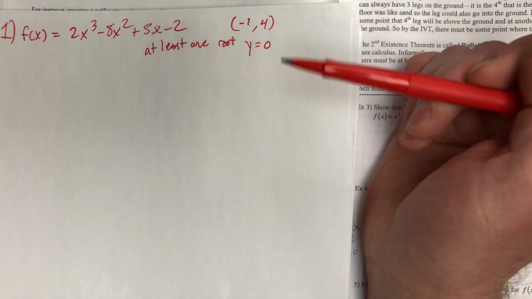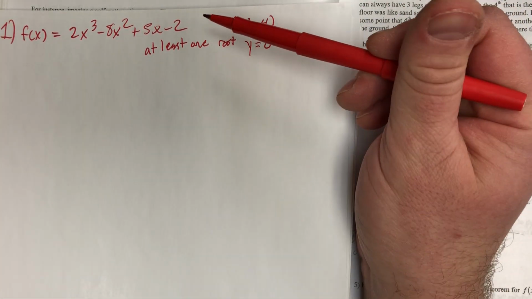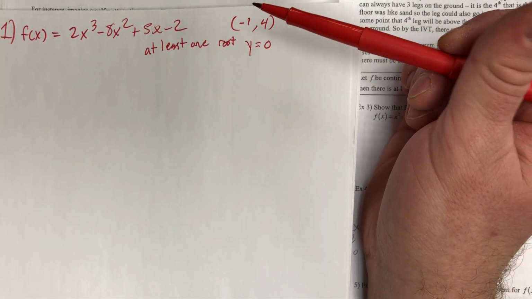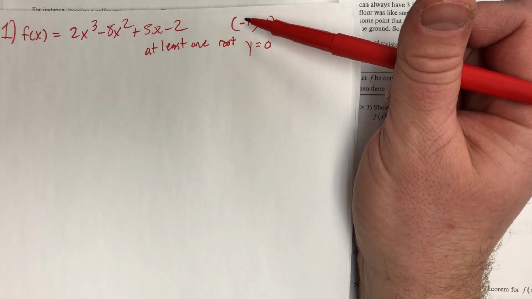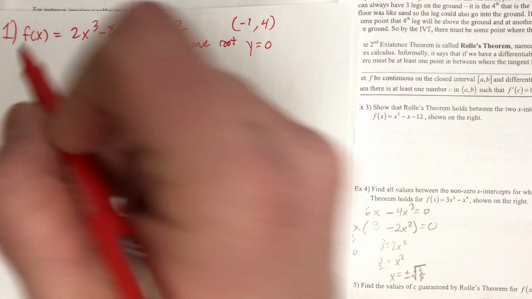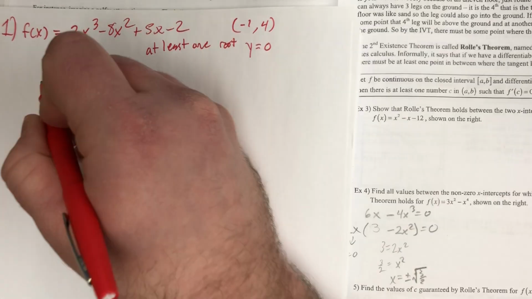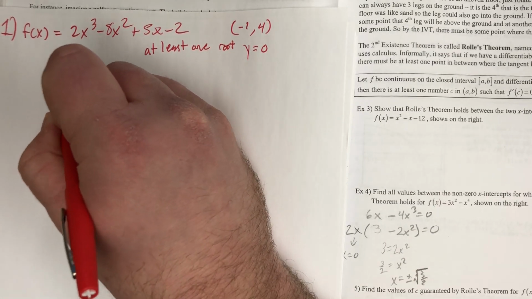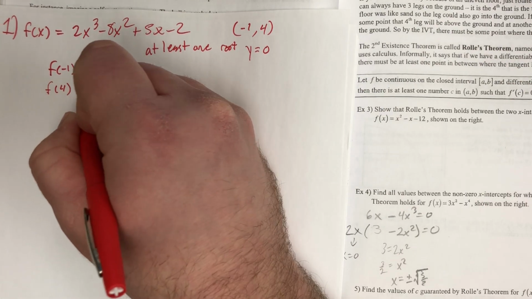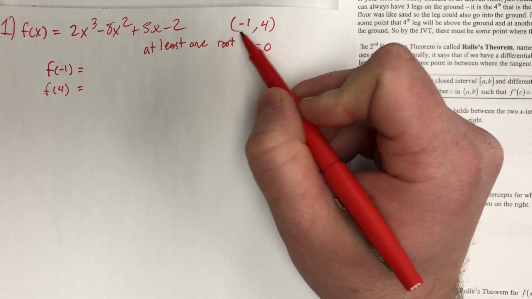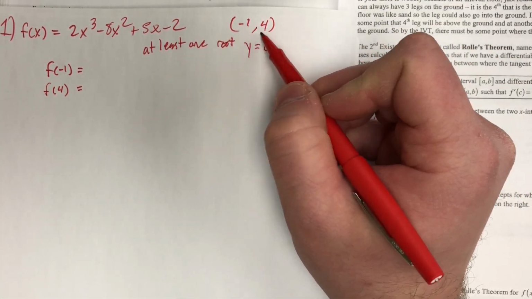So since it's asking me to show that this has at least one root, it's really saying, look at f of -1. Look at f of 4. Is one of these above 0 and then one of these below 0?